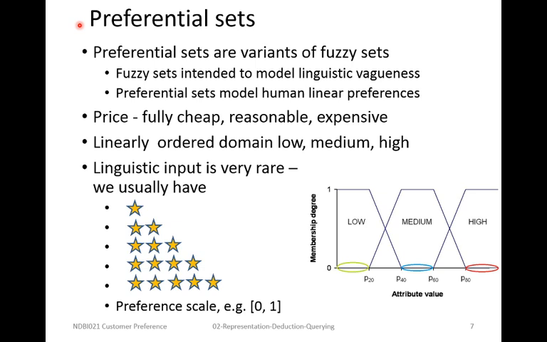Okay, so preferential sets will be the main topic, or the main tool we will use to express these preferences. We will see that fuzzy sets were originally intended for linguistic vagueness, so now the preferential sets are the tool. The preference is expressed by some scale. It can be a number of stars, or it can be the whole interval 0, 1.